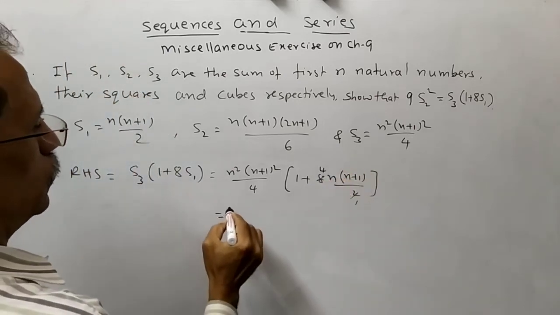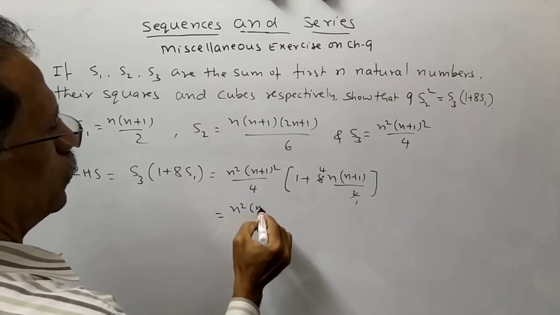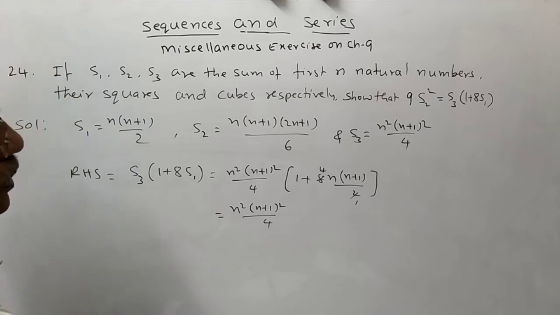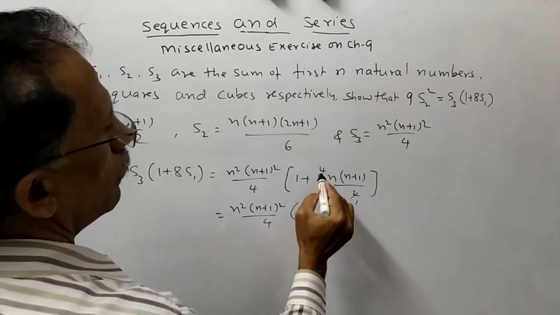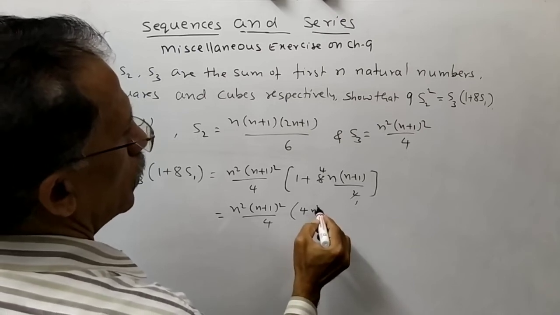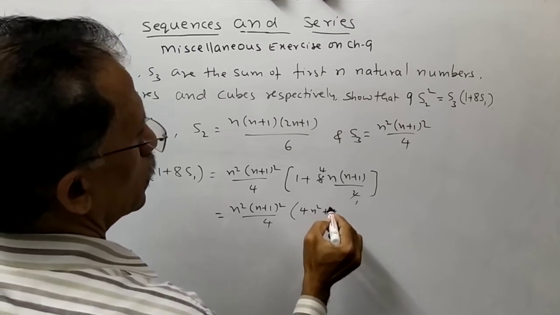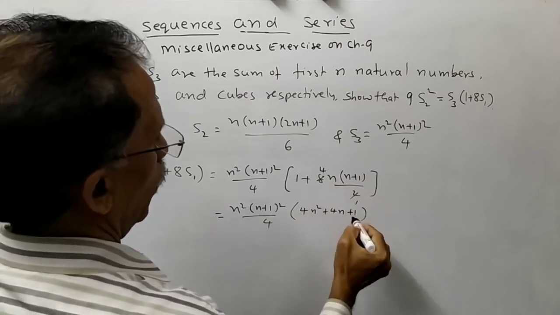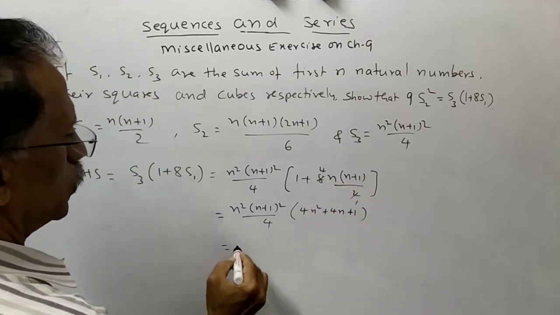This is equal to n square into n plus 1 whole square divided by 4. Let us keep as it is. And here we are going to get 4n square plus 4n plus 1.